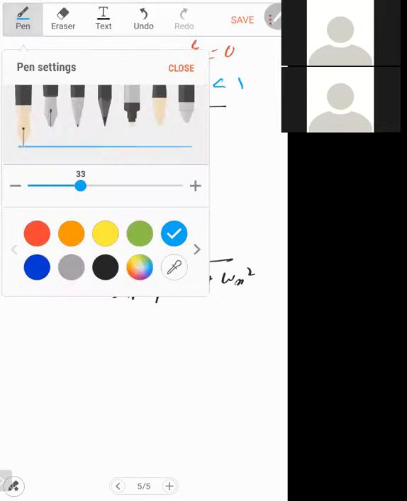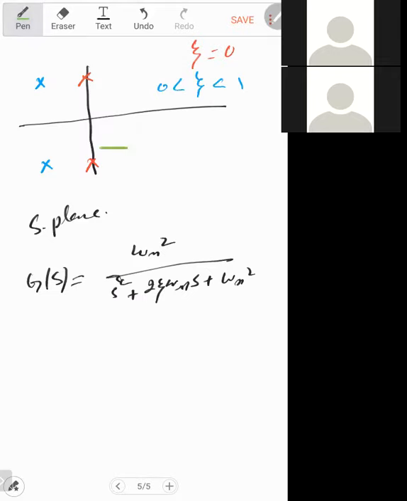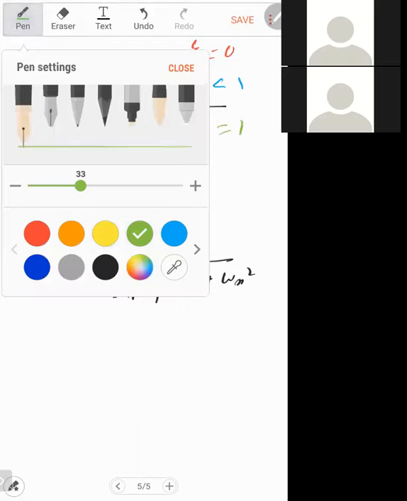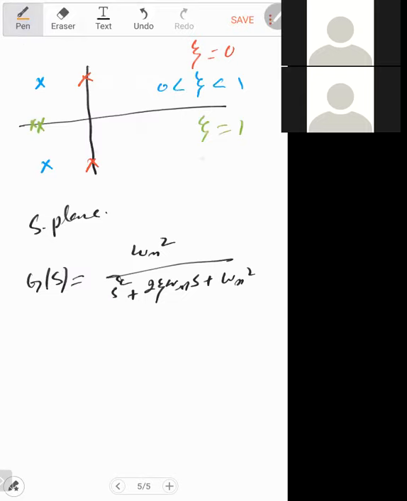Similarly, when zeta is equal to 1, then you have the two roots that lie along the real axis. And when zeta is greater than 1, then you have the two roots that lie along the real axis at different locations. So you see that we have these four conditions.